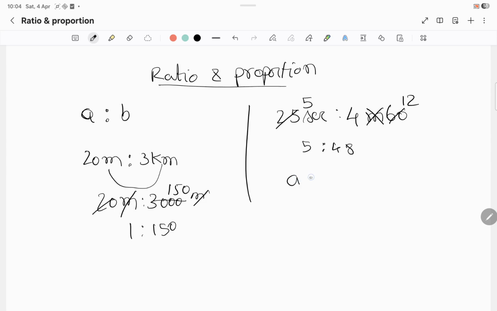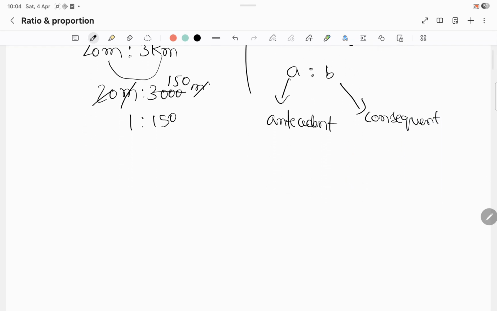Then in this, A is called antecedent and B is called consequent. A is called antecedent and B is called consequent.